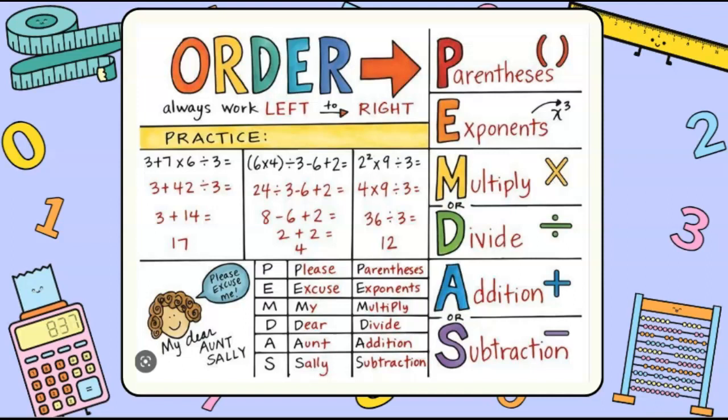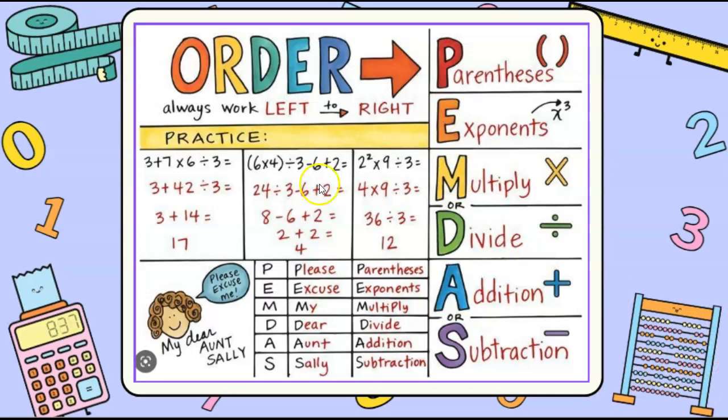Our skill today is going to come from PEMDAS. When you're given a numerical expression, we're going to work from left to right. That is generally the way we work, unless we have an operation in our numerical expression that trumps the operation that comes first.